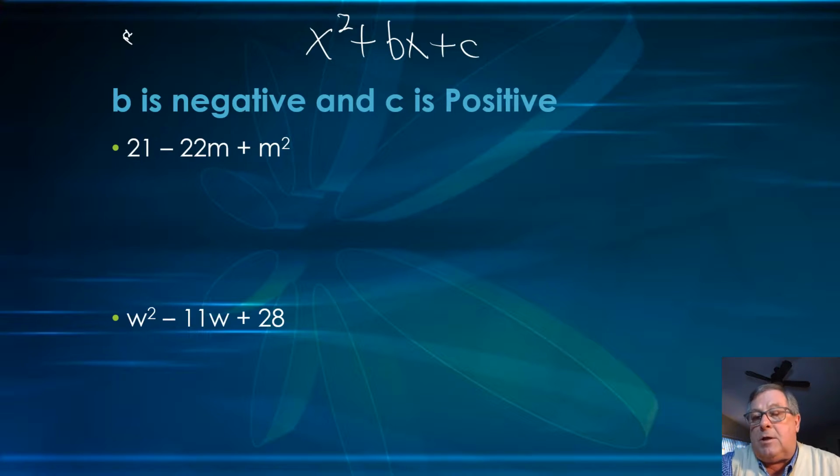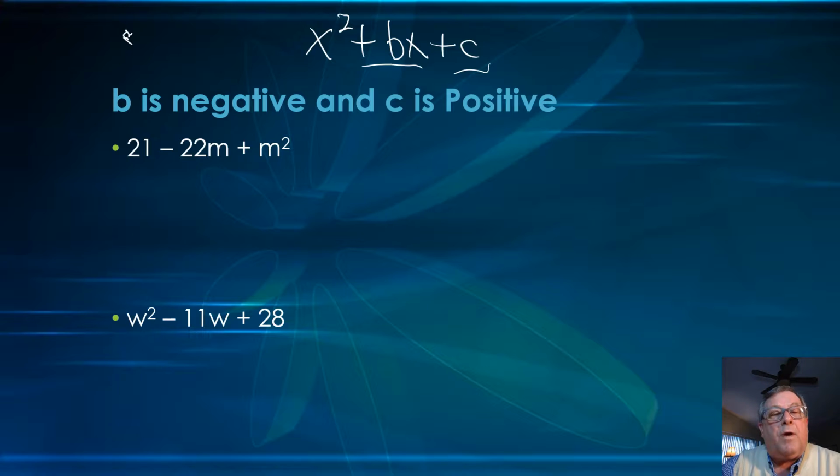And a few moments ago, we looked at when our middle term was positive and our last term, our constant term, was also positive, and how we would factor that. And this time we're going to look at what if b is negative, the middle term is negative, but c, the last term, is positive. And there's a pattern when we recognize that.